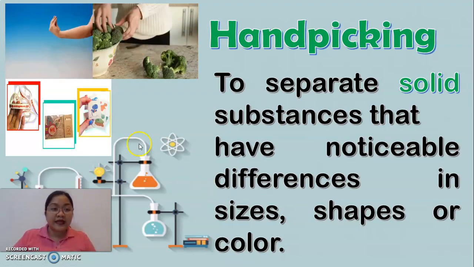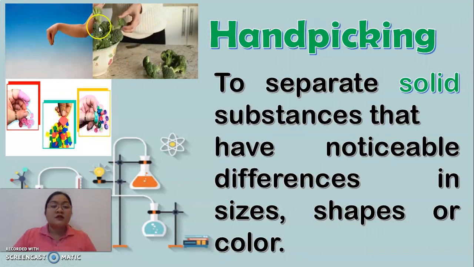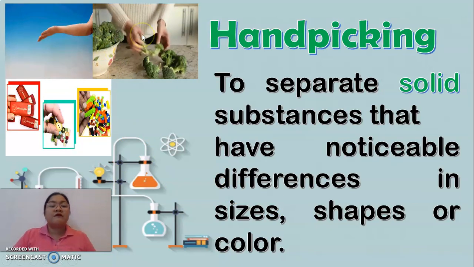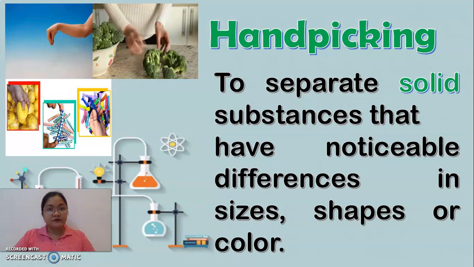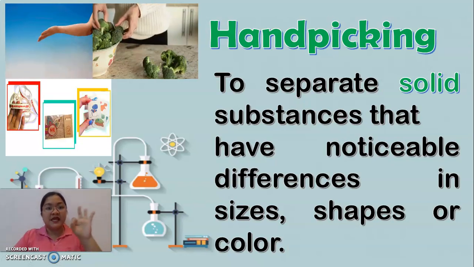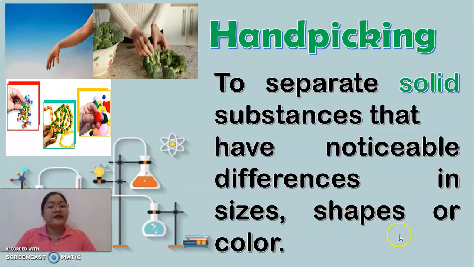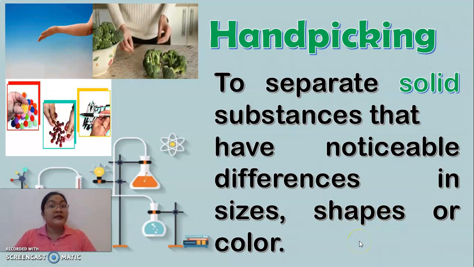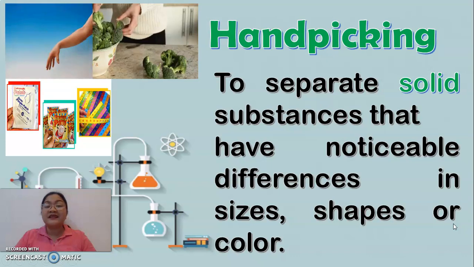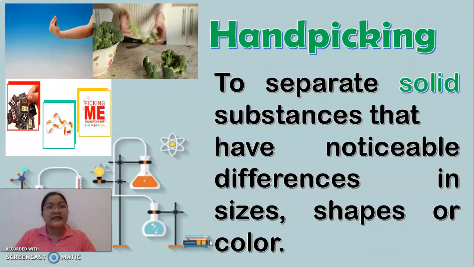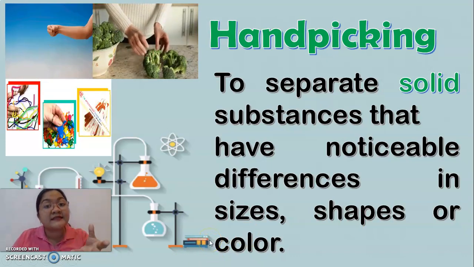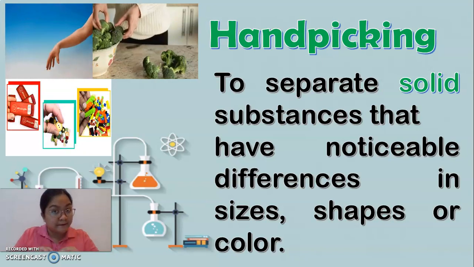So for example, this vegetable. If we have a mixture of corn, beans, and carrots, are they different in size? Yes. Are they different in shape? Yes. Are they different in color? Yes. Can we use our hand to separate them?